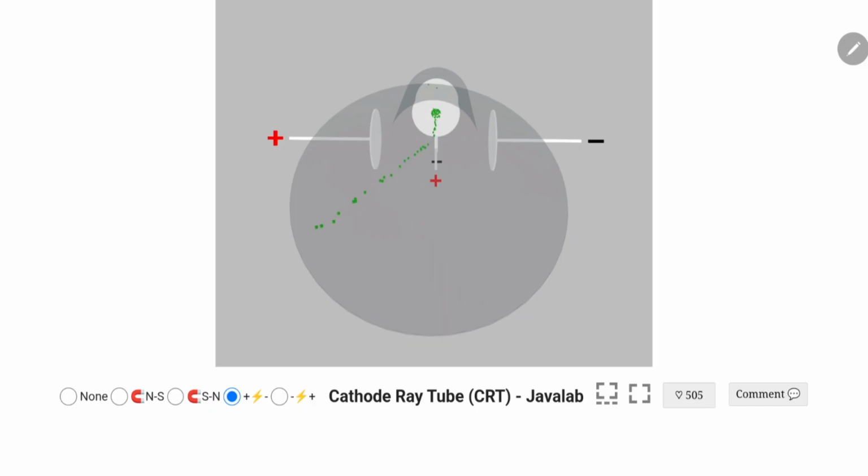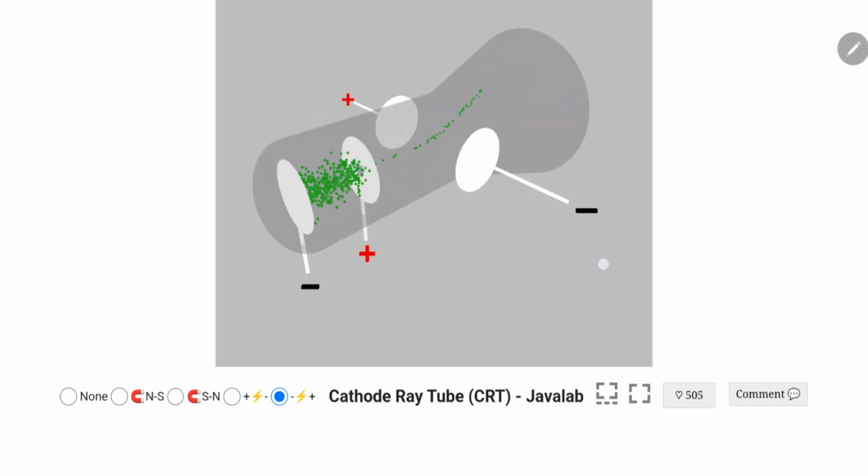If they are attracted towards the positively charged plate, that means they have the opposite charge. What is opposite to positive charge? Negative charge. So they have negative charge on them. If we switch the plates once again, it is again attracted towards the positively charged plate.